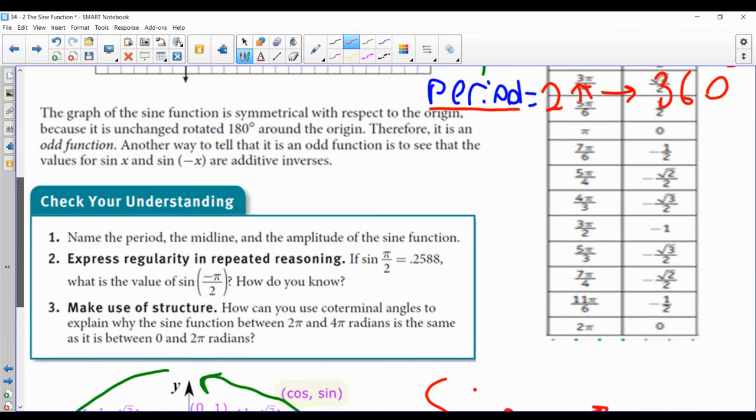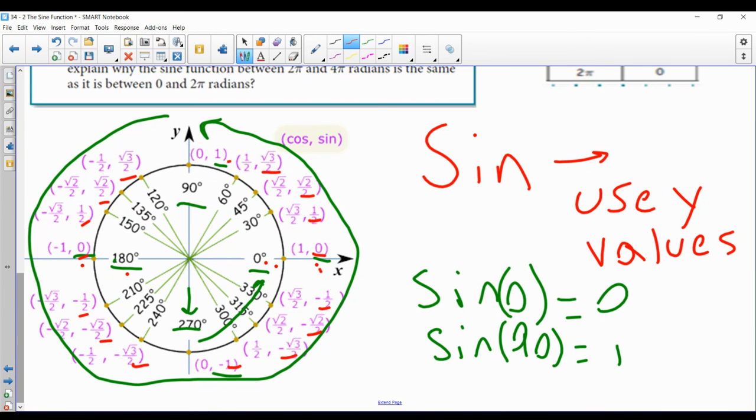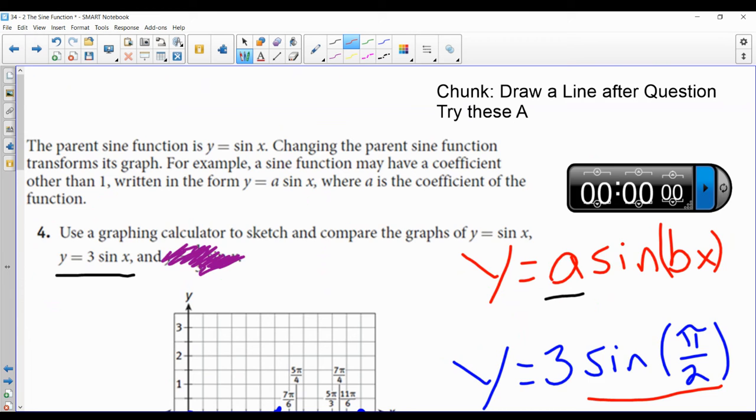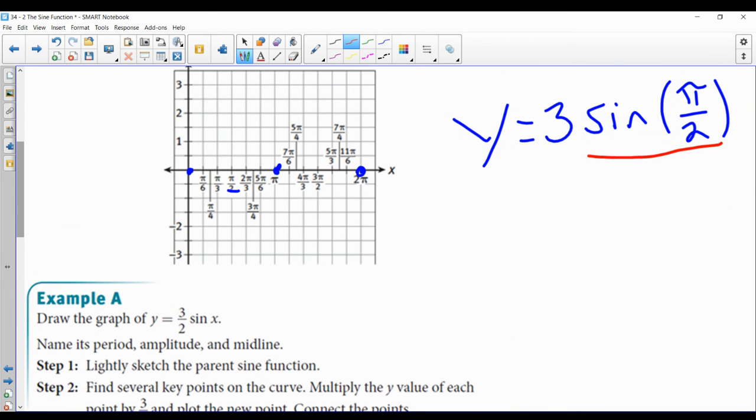If I were to go back to my unit circle, pi over 2, which is just 90 degrees, is just an answer of 1. So technically, sine of pi over 2 is just 1. Well, that would mean all I have to do to solve this problem is take y and do 3 times 1, which is just 3.